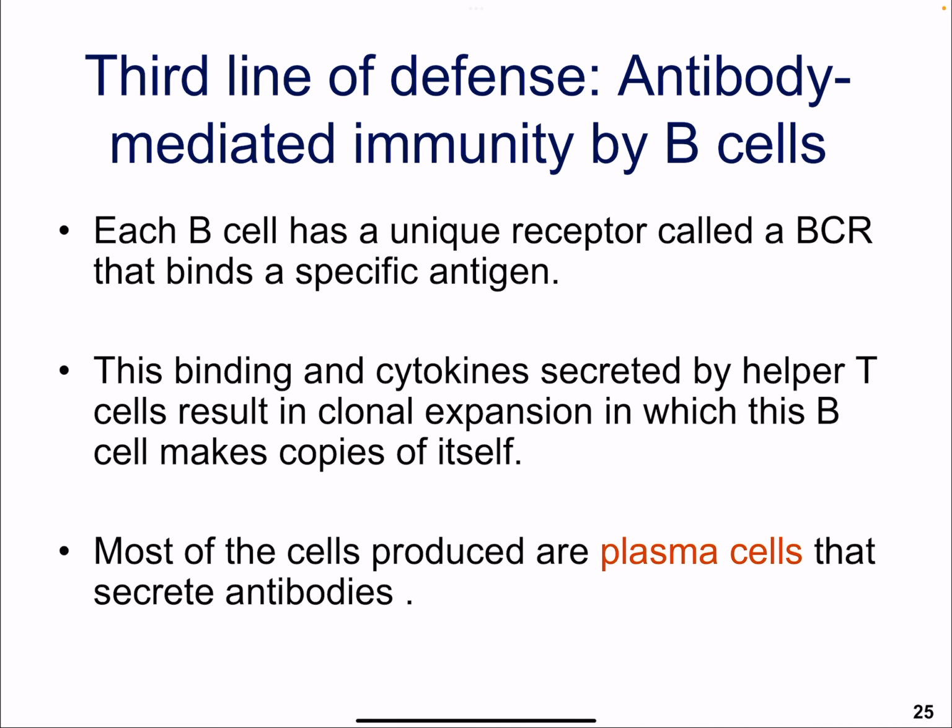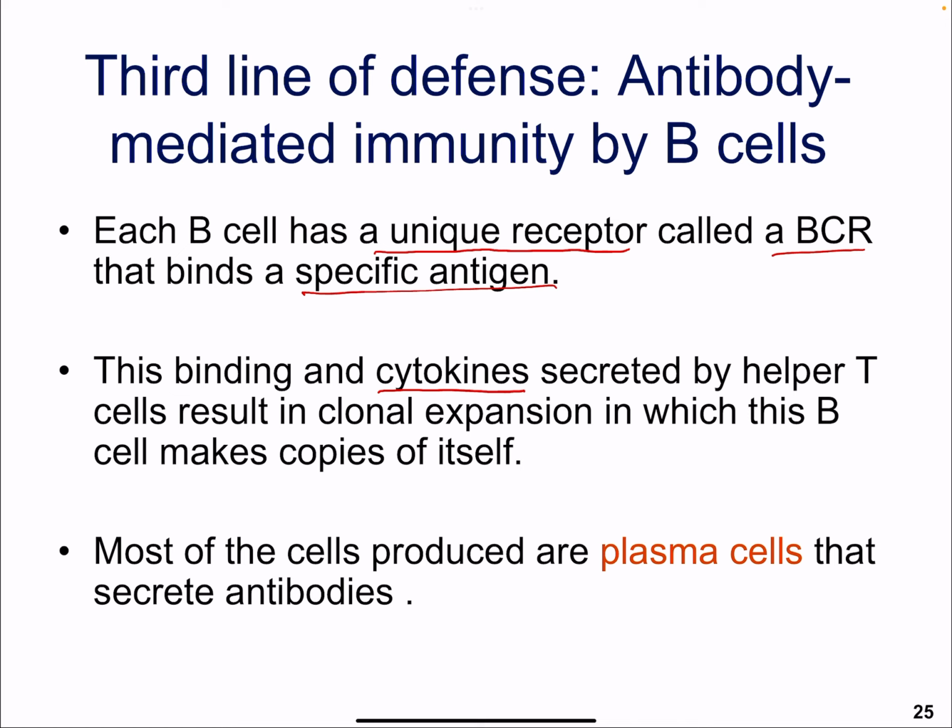So the B cells are going to have B cell receptors, as I already mentioned, right? These receptors are very unique for a given antigen, very specific to antigen. So not all kinds of B cells are going to undergo clonal expansion, no. They have to be very specific, right? So the cytokines are very important here.